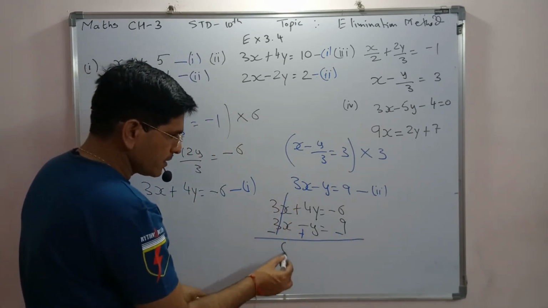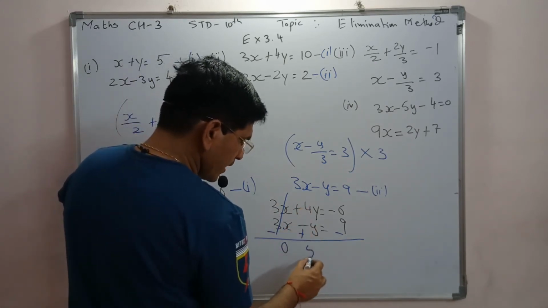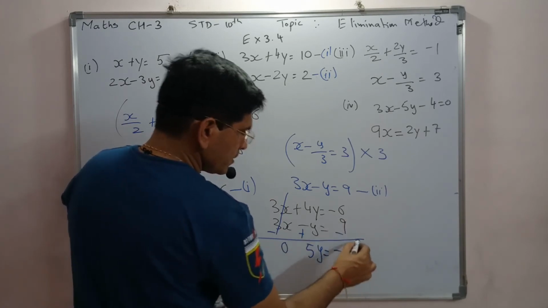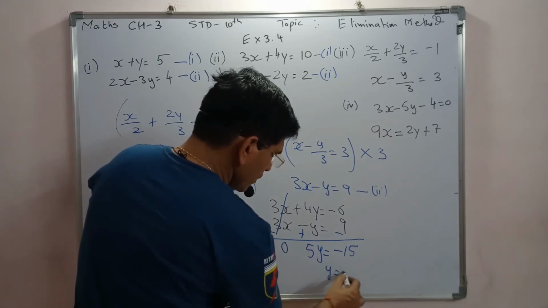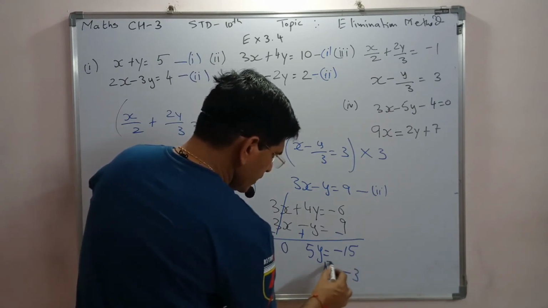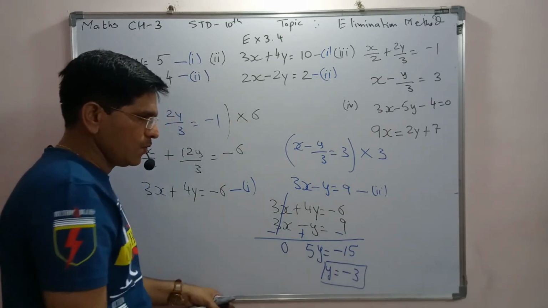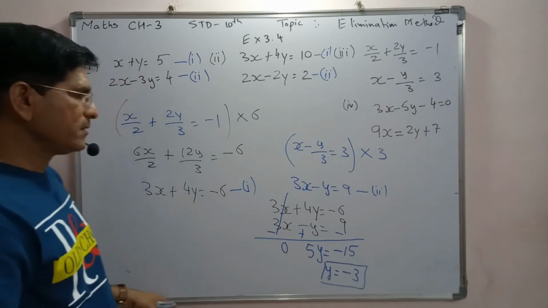We get 0 for x, then 4y plus 1y, that is 5y, and minus minus plus, that is 9 plus 6. Therefore 5y is 15, and dividing 15 by 5 we get 3. So y is equal to minus 3.